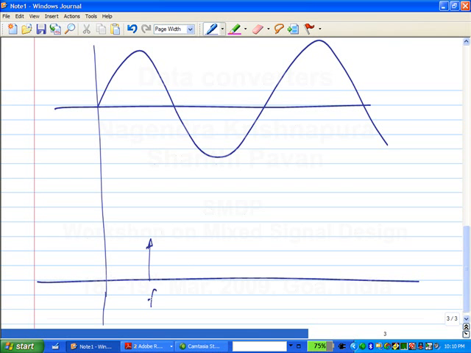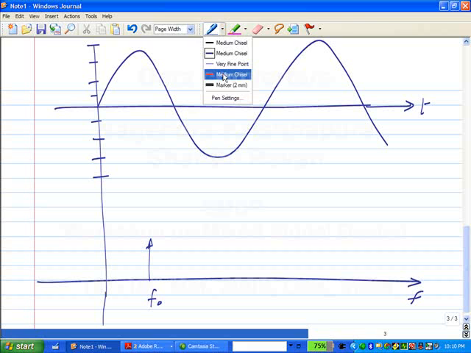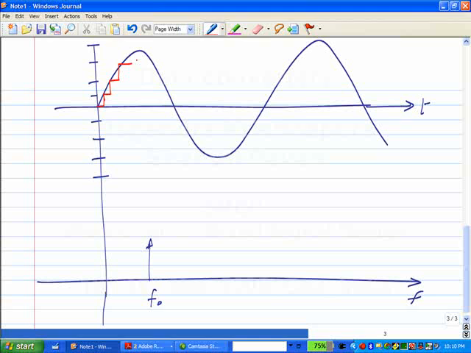So this is F, this is T. And then I round it off to some levels, so something like this. It is stepped, and it will keep on going, just the same way that the sine wave keeps repeating.